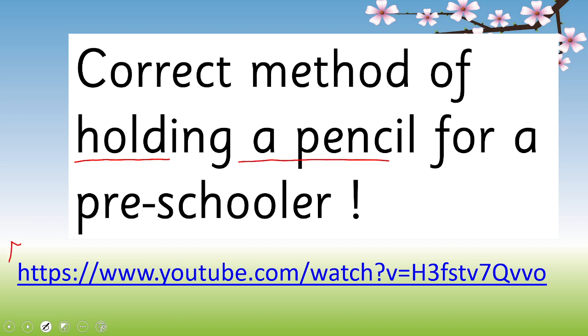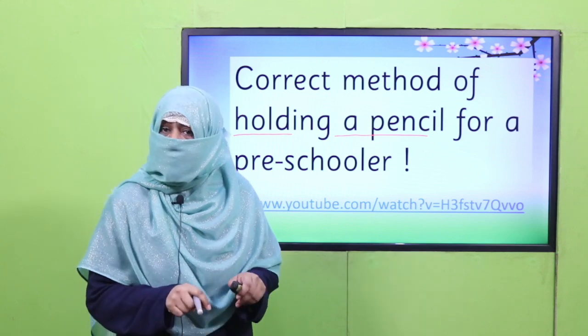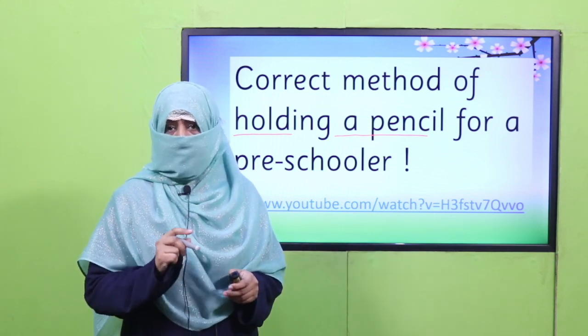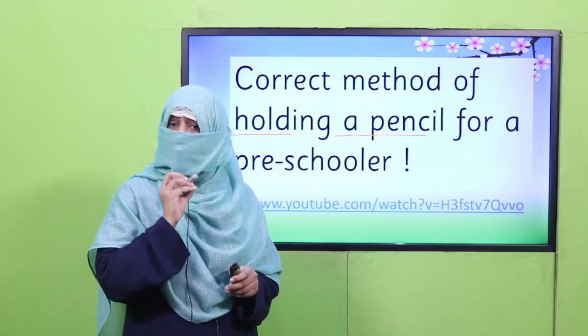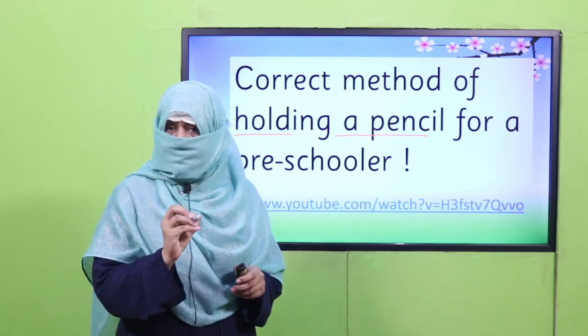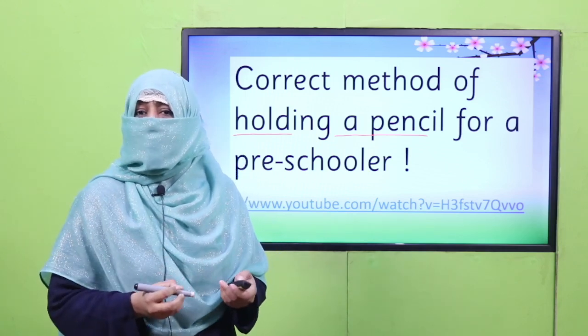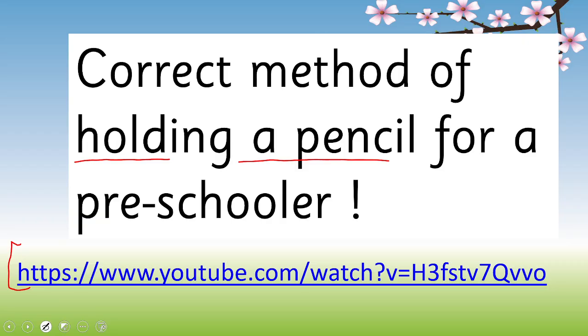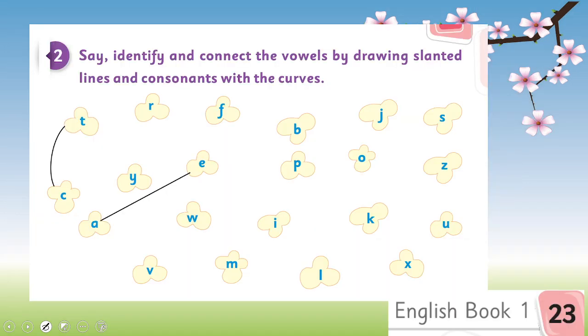I have given this address to you, and it is also mentioned in the description box for your convenience, because it is important at this initial stage to hold the pencil properly. A pencil grip will enable the child to write properly. All right, so it is very important. Every child should be holding the pencil properly, and then make them do this activity.